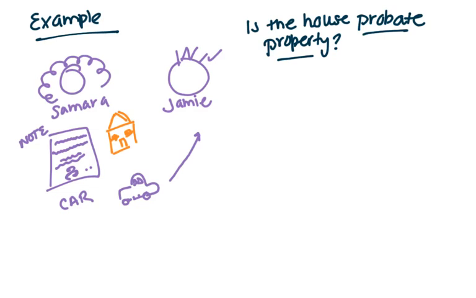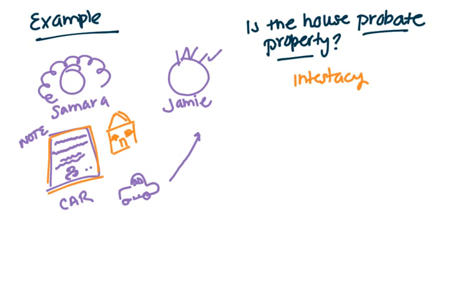But what rules apply to it? How do we determine who it goes to? Well, the house is going to pass through intestacy, and we're going to apply the intestacy rules to it. And the reason is because the will did not mention the house.